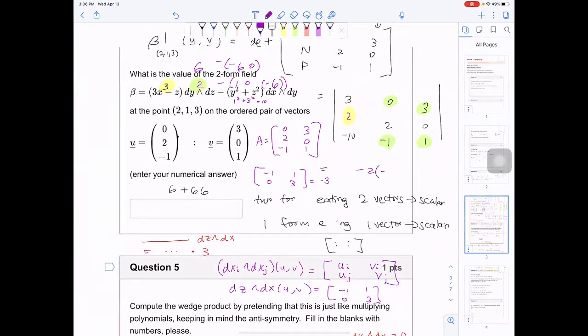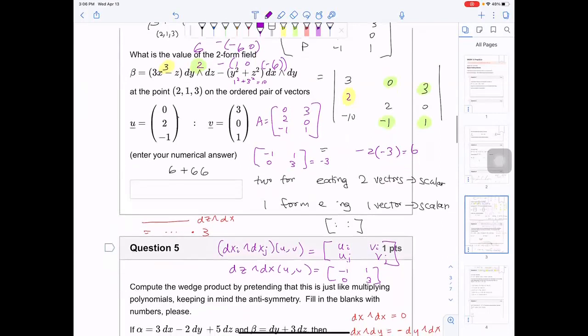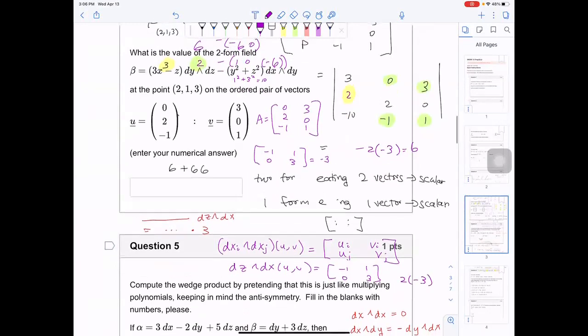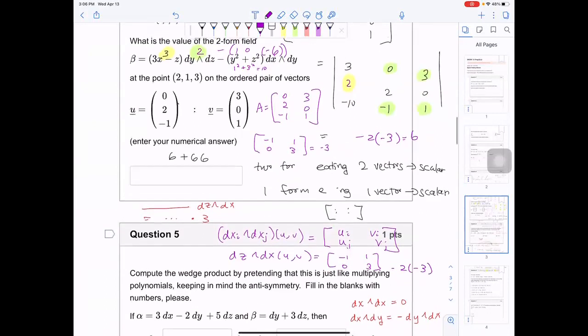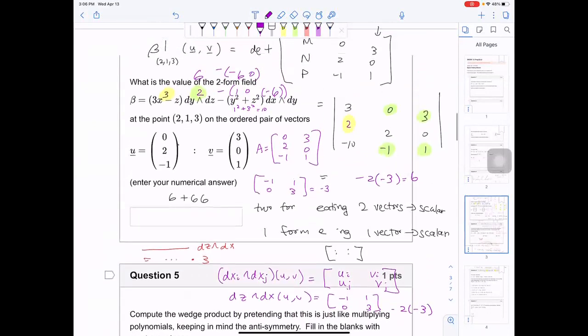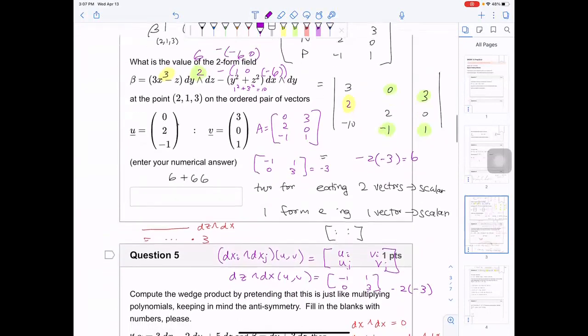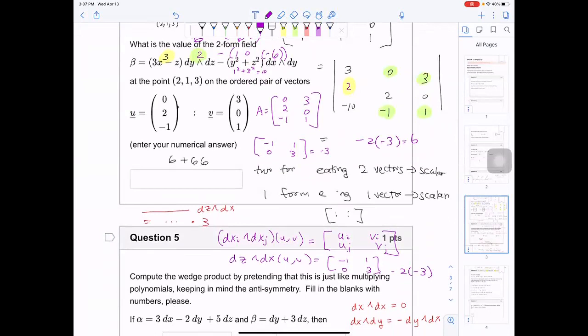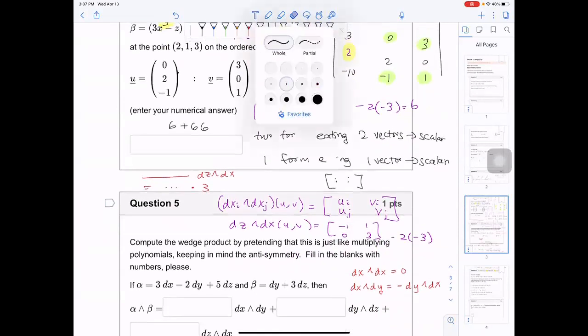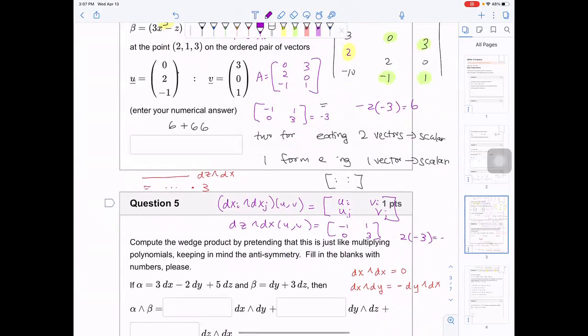Let me see. 0, -3, 6, or 2 times -3. I mean, it doesn't apply in this question because there's no dx, but I was just asking, should they be the same? Let's see, you get 2 times 3 is -6.